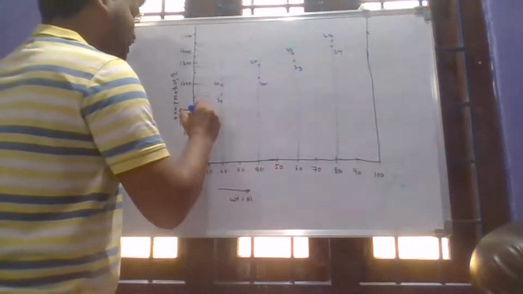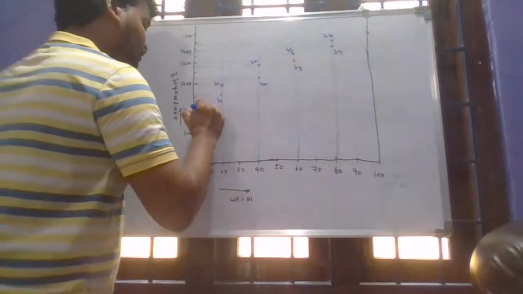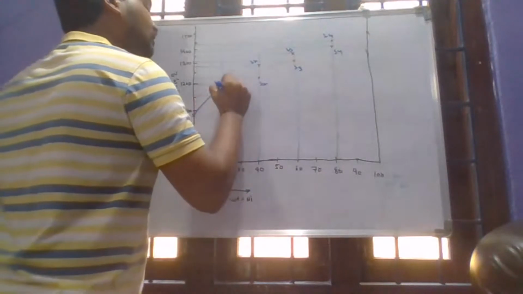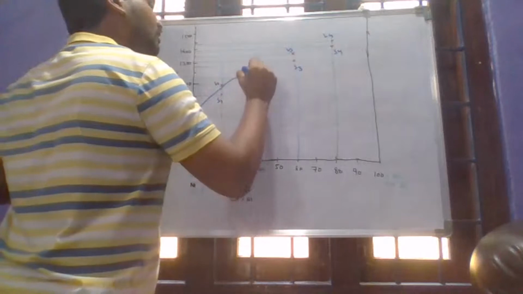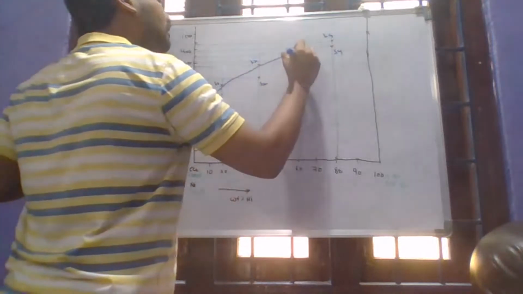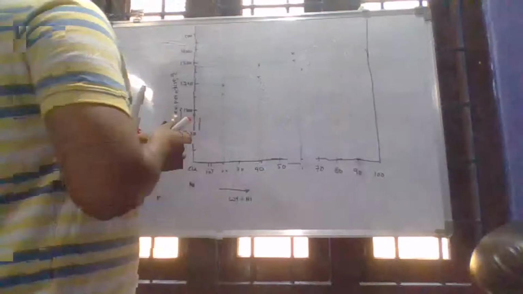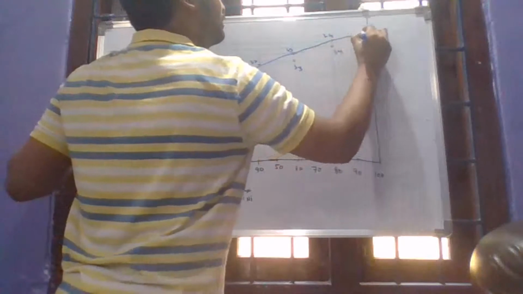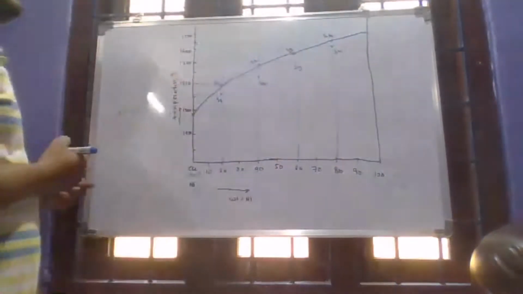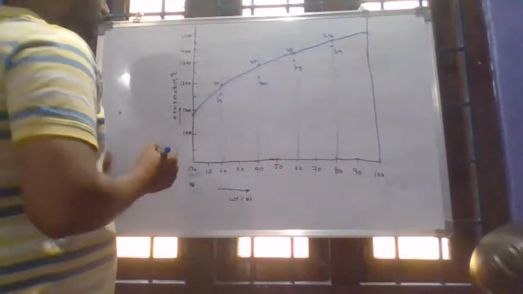Now I will join from the melting point of copper all the liquidus points L1, L2, L3, L4, finally meeting the melting point of nickel.